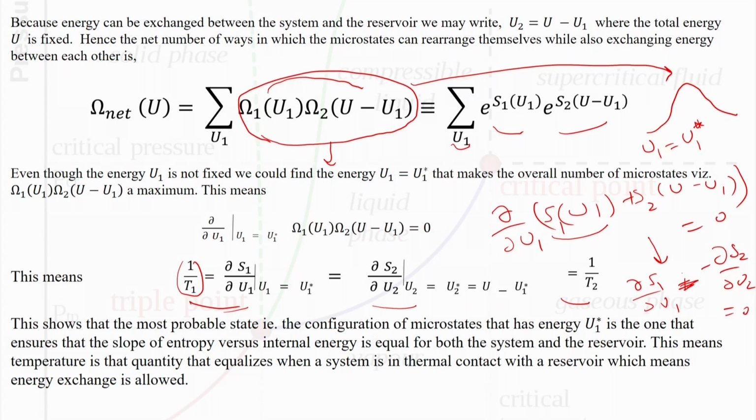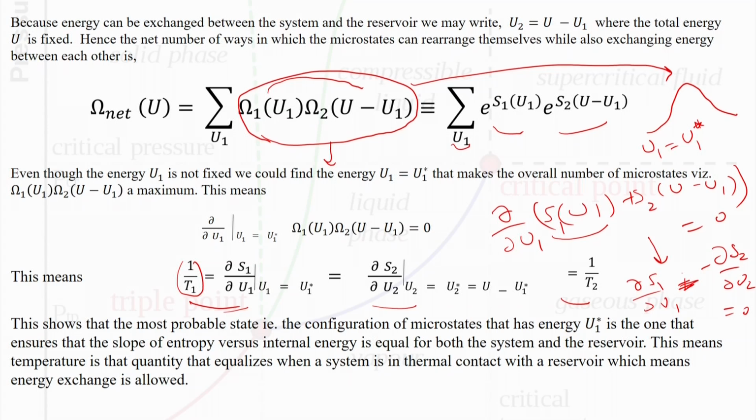So, the temperature concept is basically a concept which just tells you that it is that attribute of a system which becomes the same as the corresponding attribute of the reservoir when the two are in thermal contact with each other, and sufficient time is allowed to elapse, so that they come to an equilibrium. All right.